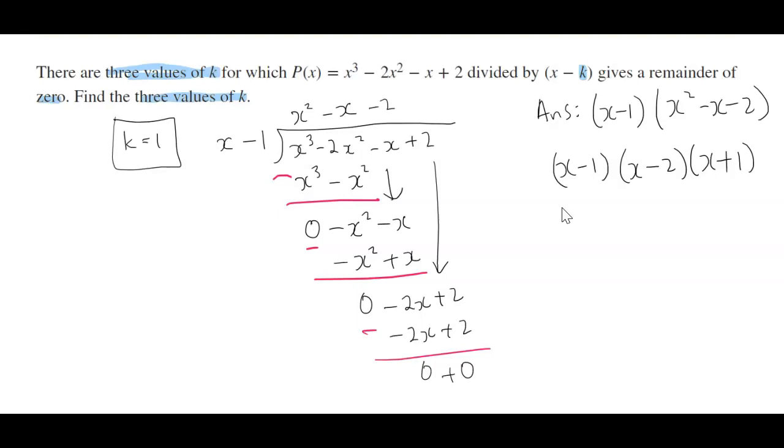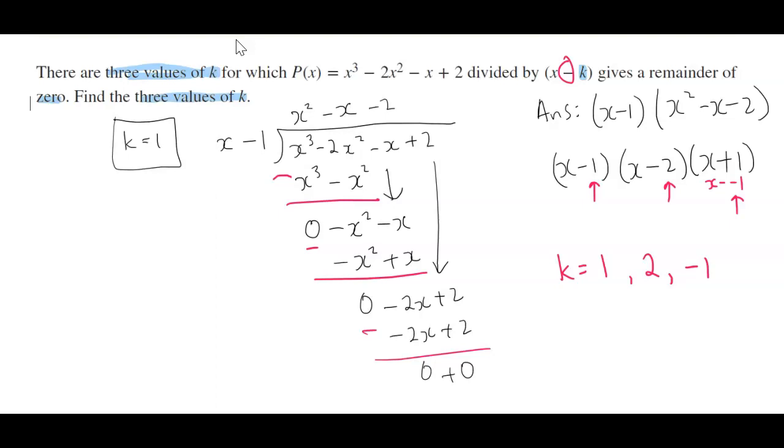So that means my values of k, so it's 1, it's going to be 2, but the x plus 1, we need a negative in the middle, okay, and this is a positive, so we can just read that as x minus negative 1. So our value of k is negative 1. So final answers are going to be k equals 1, 2, and negative 1.